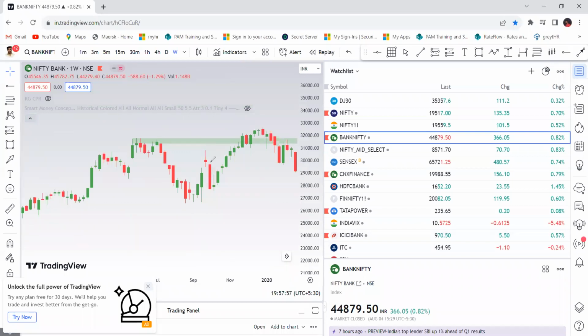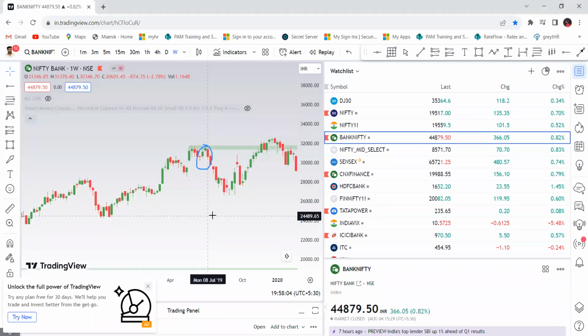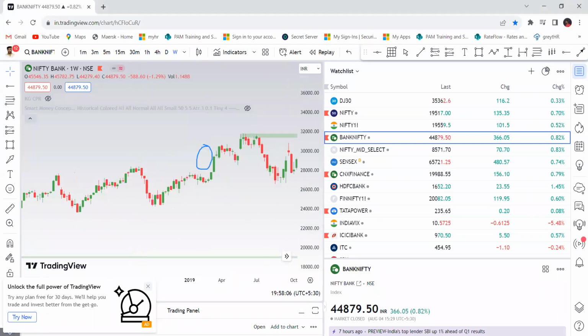See, this is one doji. See, this is a doji. Once the high is broken, the price started moving up. See, this is a shooting star. Price started falling down.